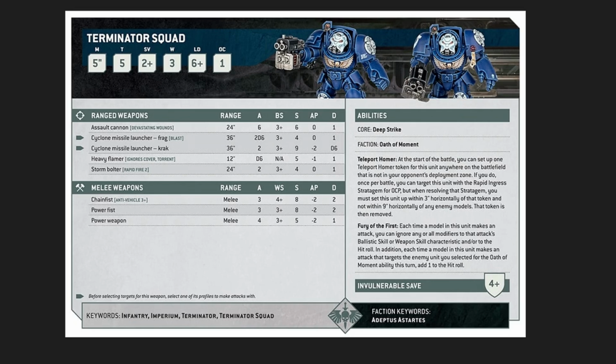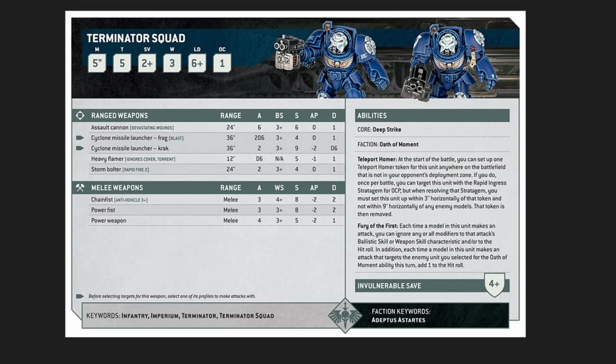Now, we said earlier that this weapon has no AP, and that is true, as it's called an AP 0. Certain weapons will have AP. This will affect that armor saving stat that we talked about earlier, and make it harder for the opponent to be able to save their models.